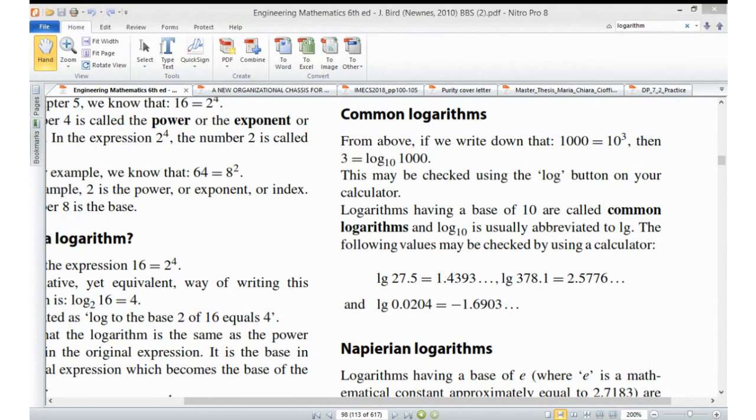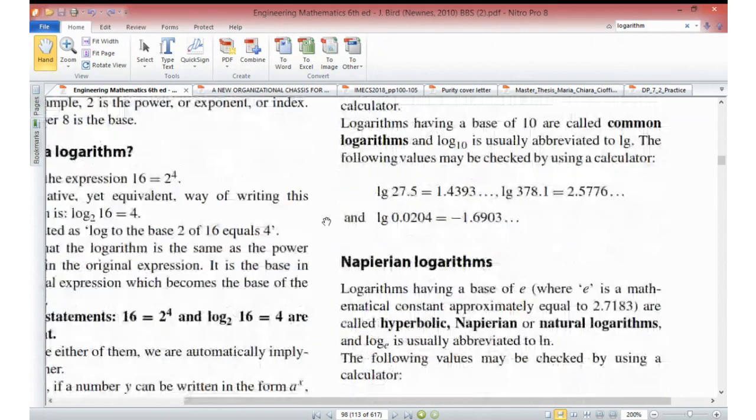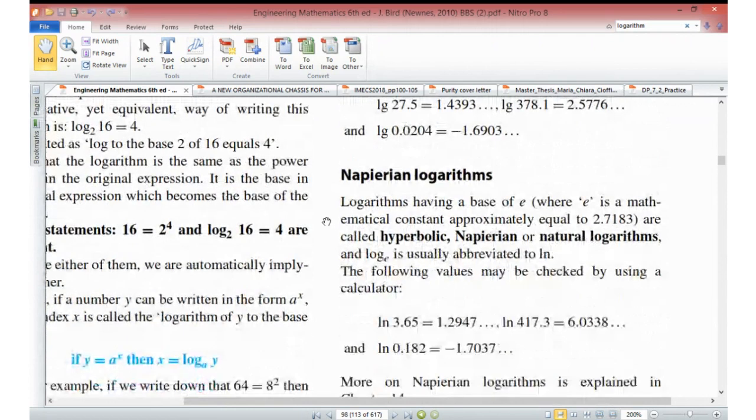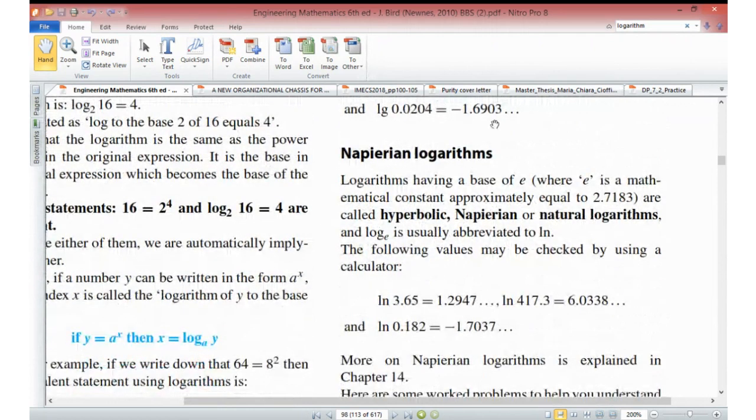But there are logs that we call natural logs that do not take base 10. You cannot compute them from the calculator. We say they are to the base e, the exponent, which is naturally a constant value in mathematics.